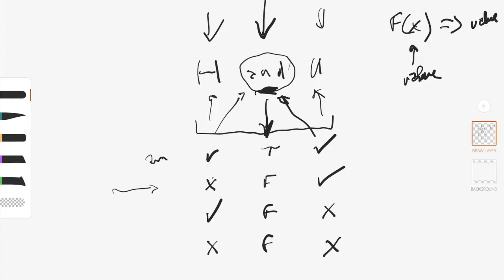Now, the cool thing about propositional calculus is there's only two input values for propositional calculus, true and false. So in the language of mathematics, we could say that is the domain. The domain of propositional functions is only the set of values true and false.